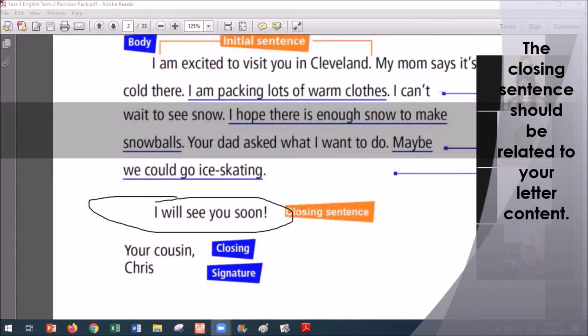Yeah? Carmen. Hello, Carmen. Who was your letter to? My letter was to my uncle. Yes. And what was the body about? What was the content? I told him that I hope he comes back to Egypt because he's out of it.